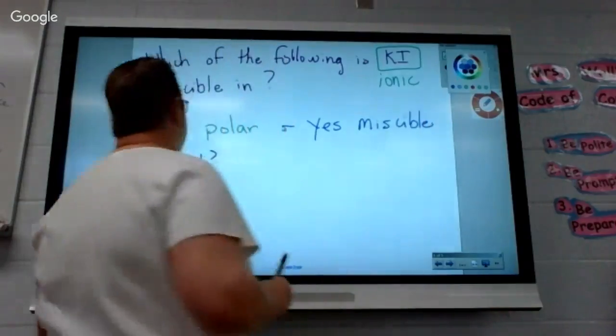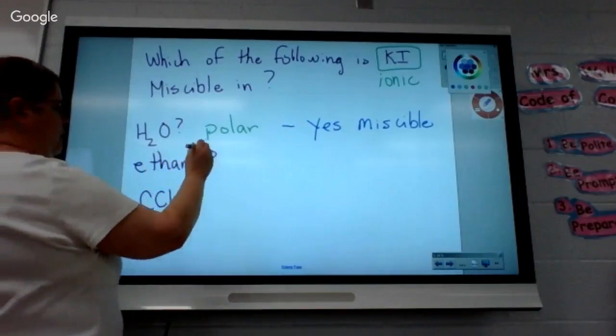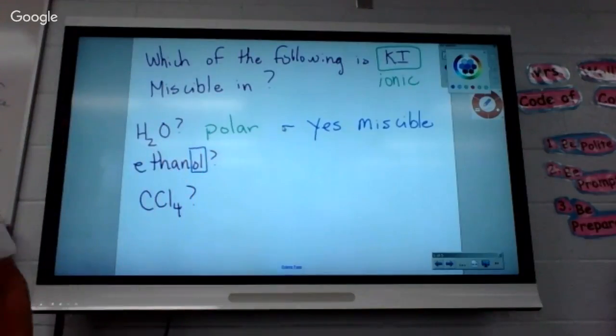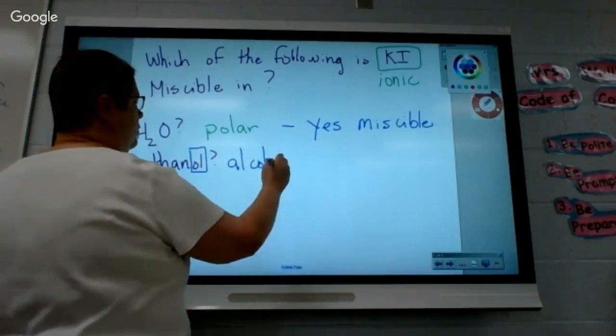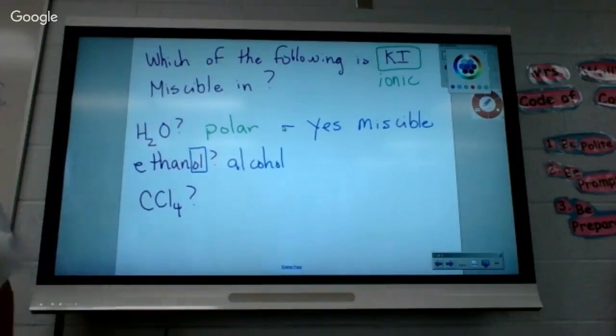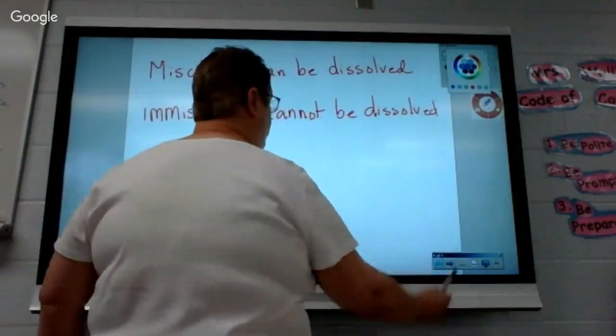All right. Now, what's this end in right here? So, what do you suppose ethanol might be? That's an alcohol. Okay? This is an alcohol. So, what's the rule say about ionic compounds and alcohols? It can.